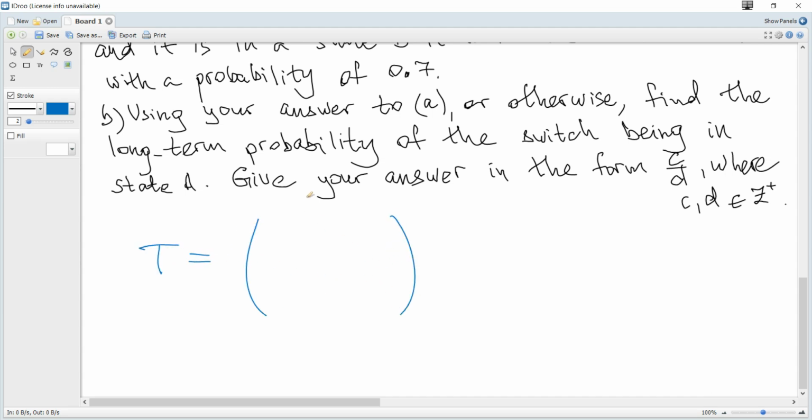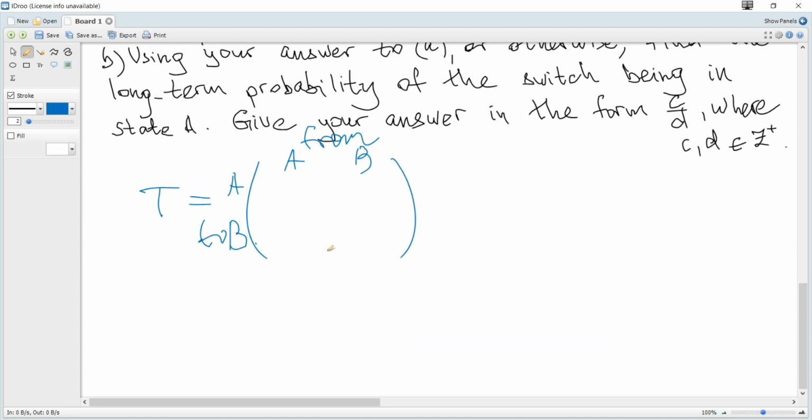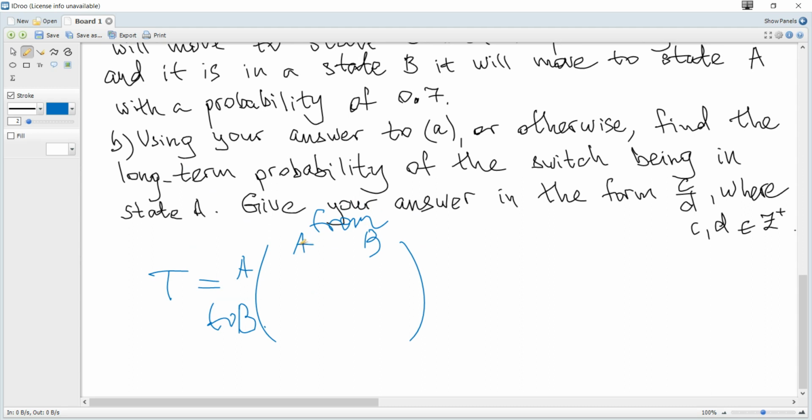You should read it as from to, so from state A, B to state A, B. Notice that it's opposite to the usual, for example, adjacency matrix, which we read from to. Don't get confused.